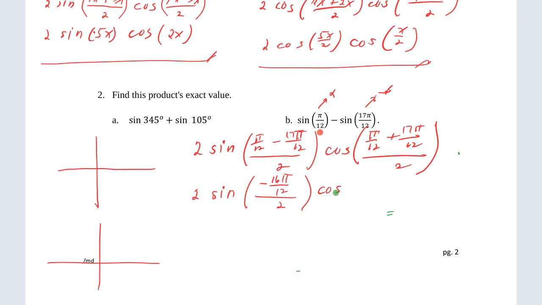And then cosine, we have 18 pi over 12 all over 2. To simplify it more, we know that this is over 1.